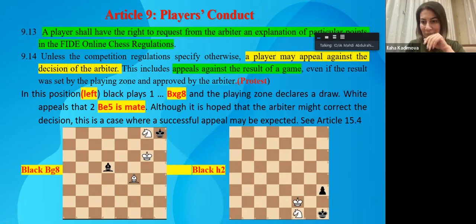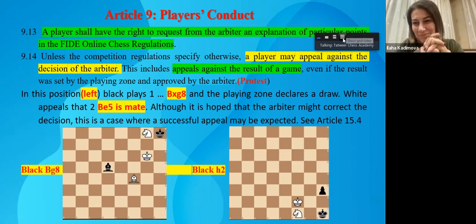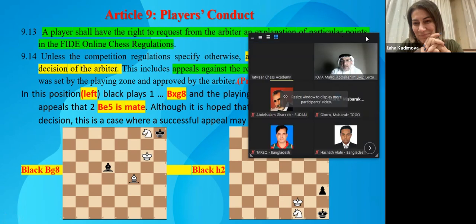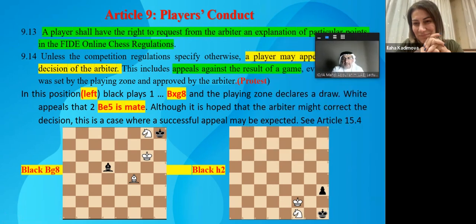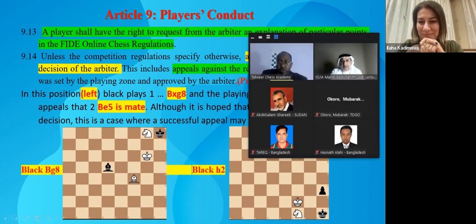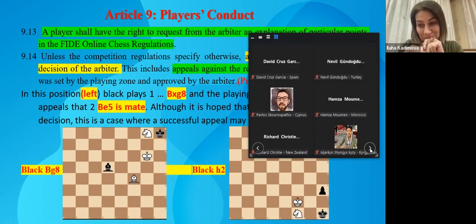Then in the position on the left, black plays. Sorry, Mr. Mahdi? Yes. Now Mrs. Ilaha Kadimova is in our room. Mrs. Ilaha Kadimova is the secretary for the FIDE Events Commission, a master, and the world champion for girls under 16, under 18, and under 20.